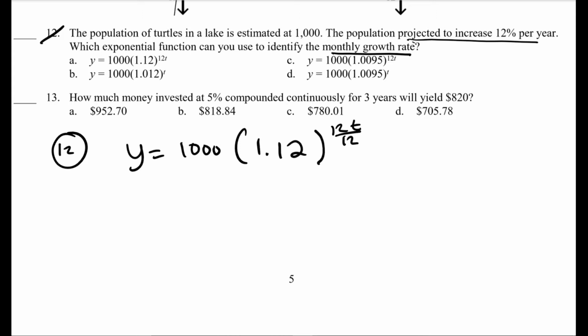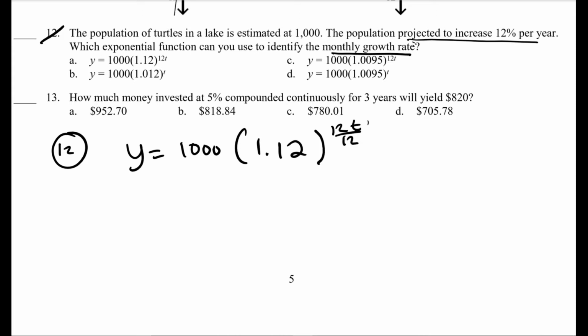And now I can plug in something for time, and then it will give me the number of months. So if I plug in 2 years, that's 12 times 2, which is 24 months, right? So basically it just converts it over to months.